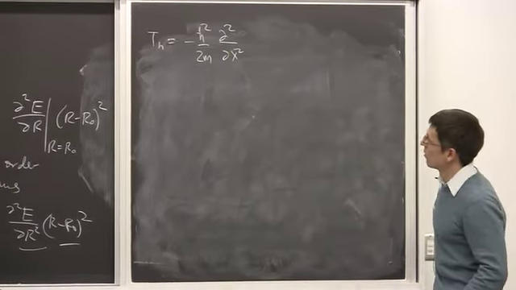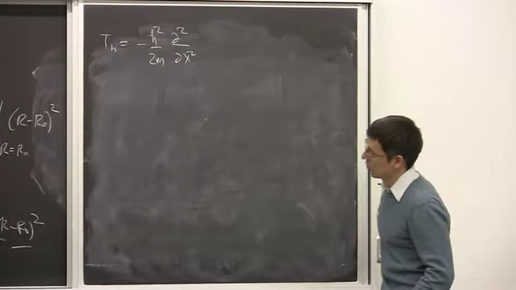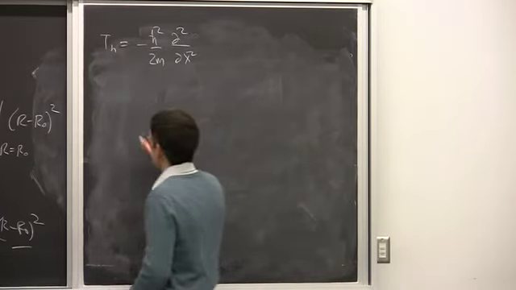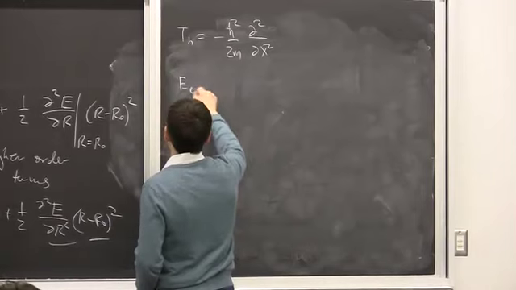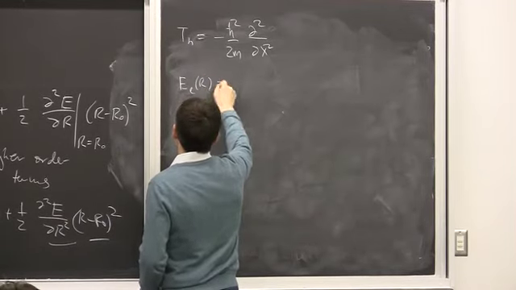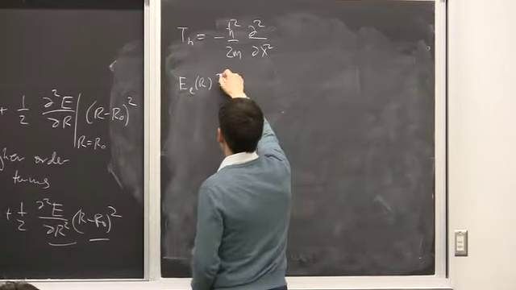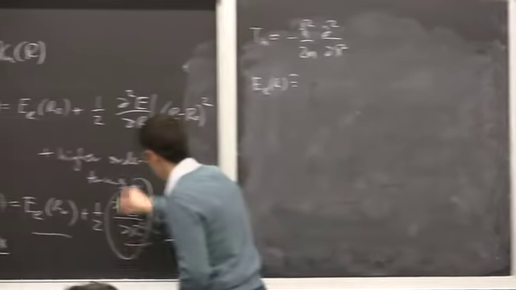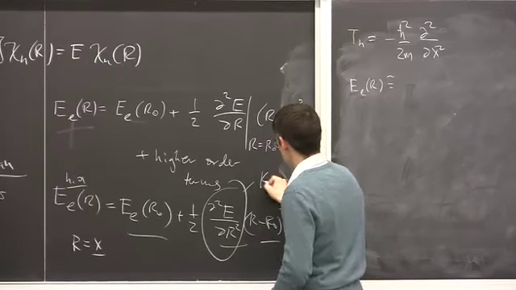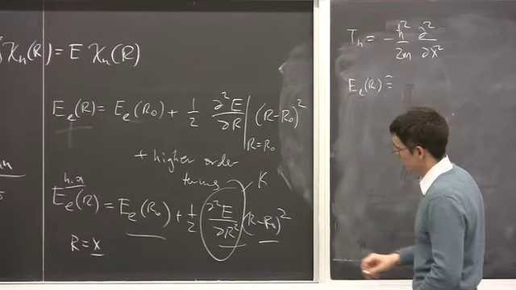So this is our one-dimensional kinetic energy, and our potential part will be then, this is a constant, we will call it k.